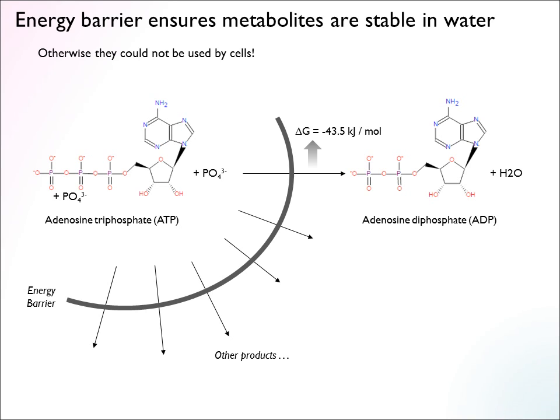ATP is an example. The hydrolysis of ATP in water is highly favorable. It has a large delta G associated with it, liberates a lot of energy, but it's not spontaneous. It doesn't happen by itself. It has a fairly large energy barrier that prevents this from happening.